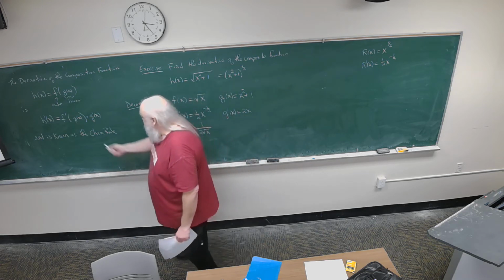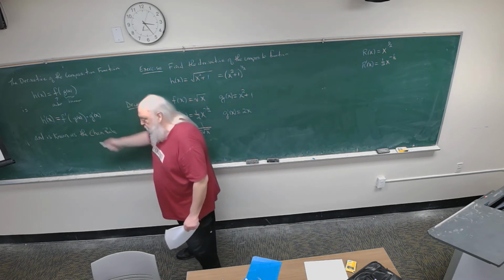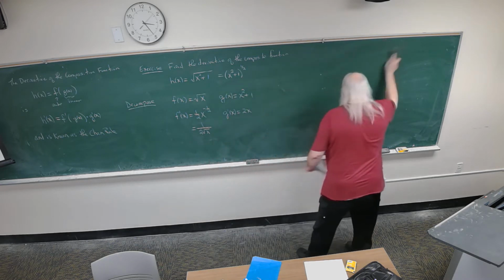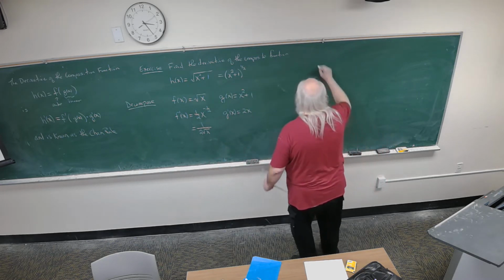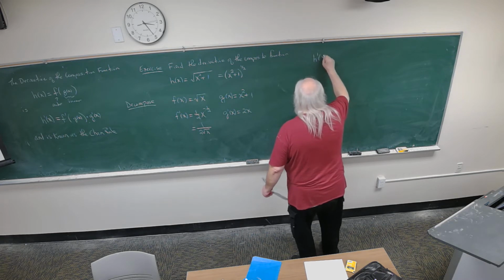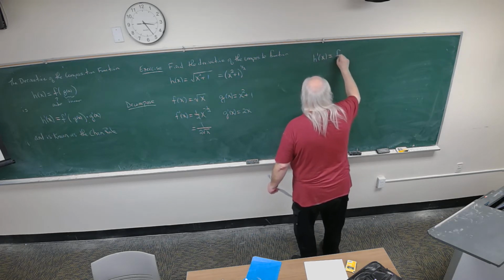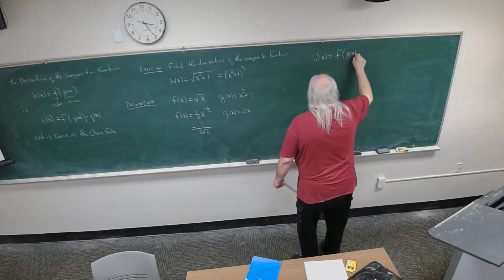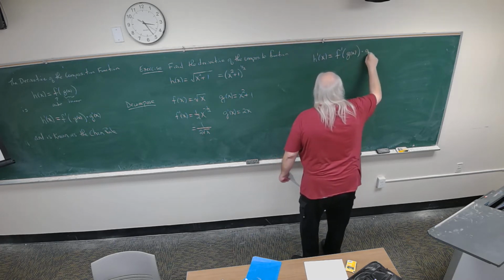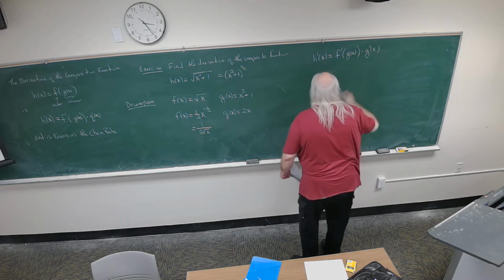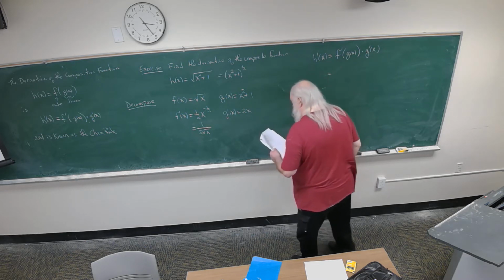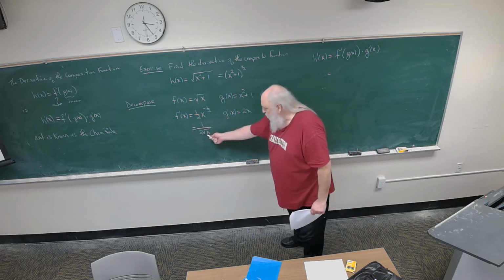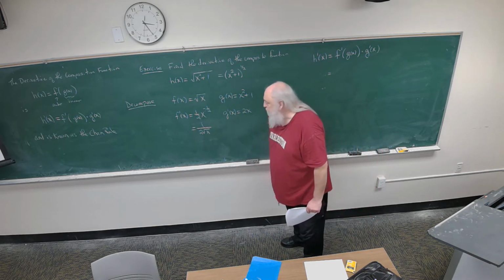So plugging in over here for h prime of x, h prime of x is equal to f prime evaluated at g of x times g prime of x. Well, f prime is equal to 1 over 2 times the square root of x, right?